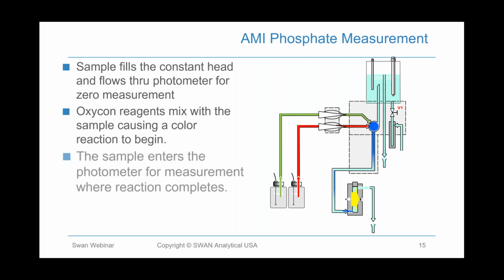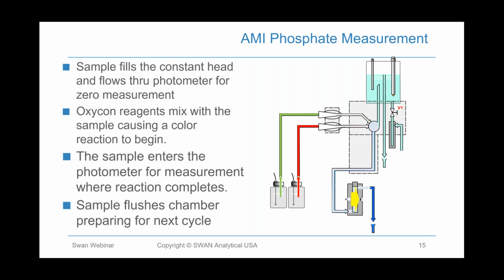Then the sample enters the photometer for measurement, where the reaction completes and out to drain. Then we flush everything out and get ready for the next cycle. And again, that cycle is user definable. So this could perform this measurement and then wait 30 minutes and do it again if that's all we needed for data.